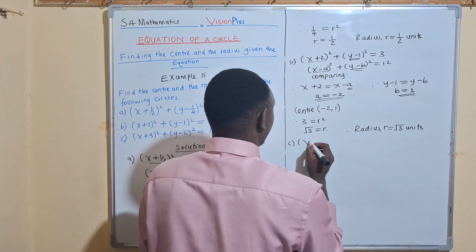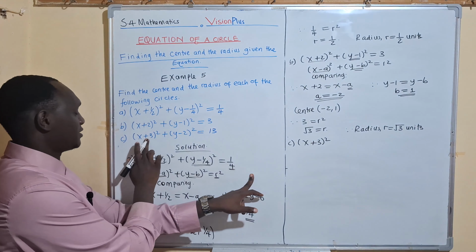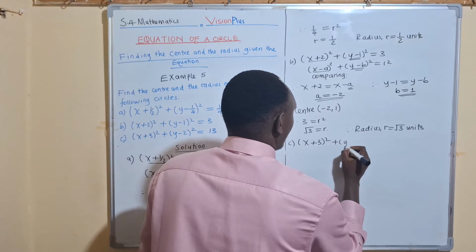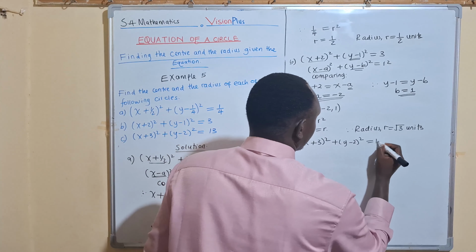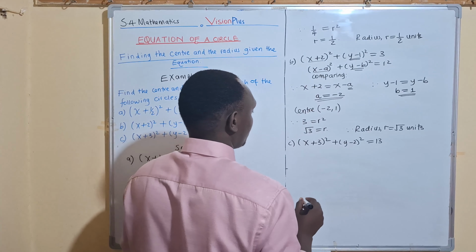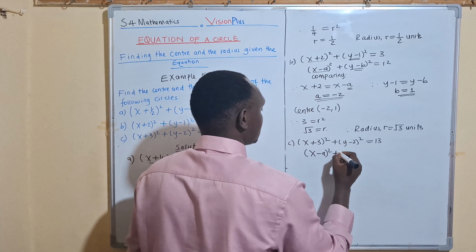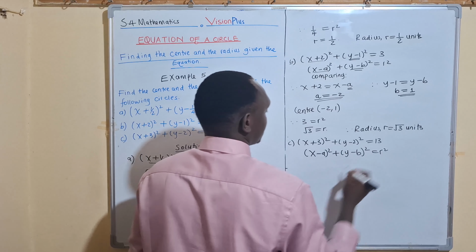Then going to part C, which is the last part of example 5. Part C says that we are given (x + 3)² + (y − 2)² = 13. Still you write the general form of the equation of the circle, which is given as (x − a)² + (y − b)² = r².